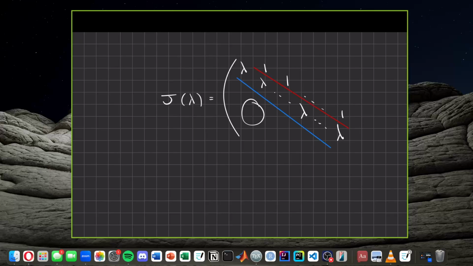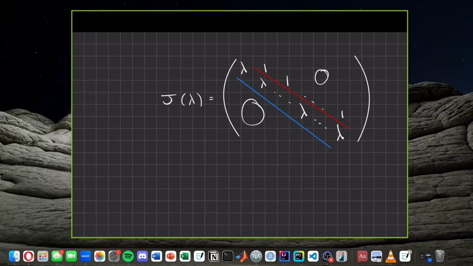And this is why this matrix is said to be diagonal, but not strictly diagonal, as you might hear. The rest here are just zeros as well. Okay, so this is our matrix, and this is the matrix that we want to rely on for the rest of this proof.